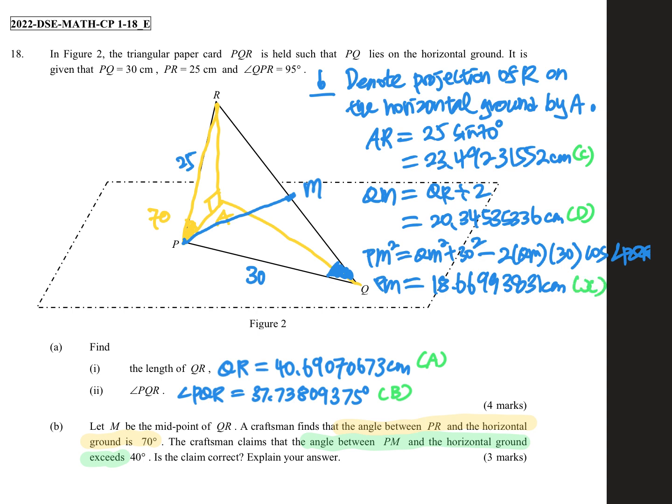Good. And now what we want to find is the required angle between the line segment PM and the horizontal ground. So we need another projection. Let's denote the projection of M on the horizontal ground by B. This is a right angle, of course, and we want this angle.